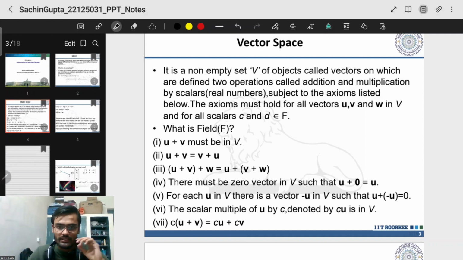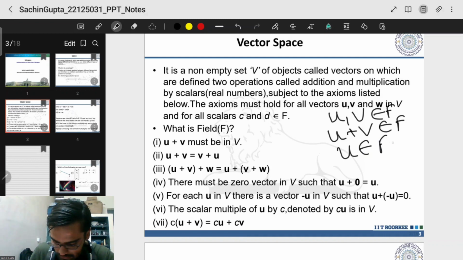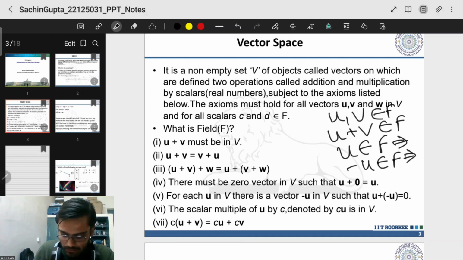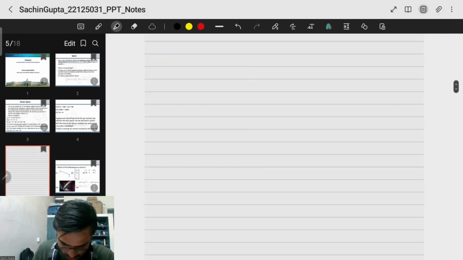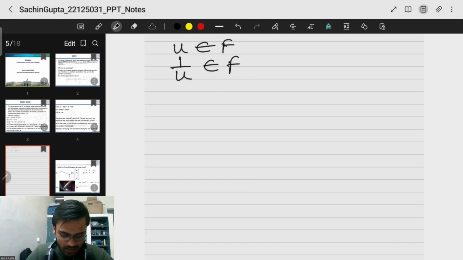So first of all, what is a field? A field is a collection of elements satisfying certain axioms of addition and multiplication, such that if u and v belong to the field, then u plus v also belongs to the field, and their additive inverse, that is, if u belongs to F, then minus u belongs to F, and their multiplicative inverse, that is, if u belongs to F, then 1 by u belongs to F. They also follow distributive and associative properties.